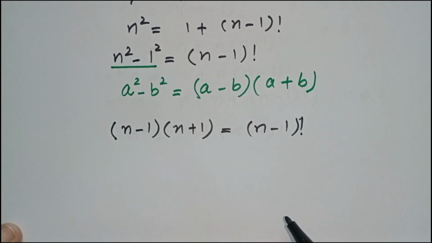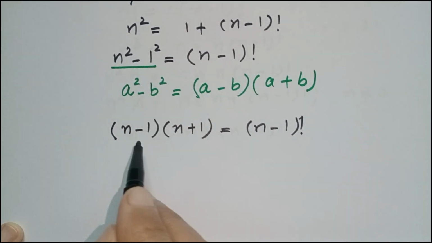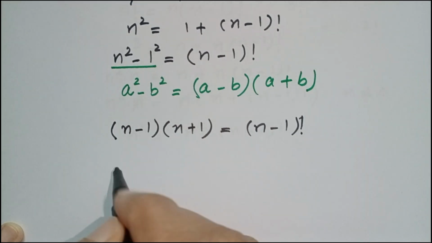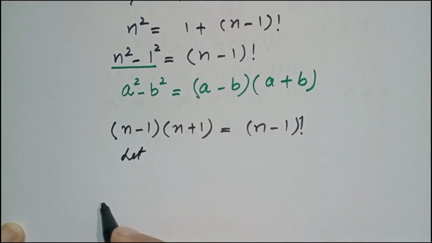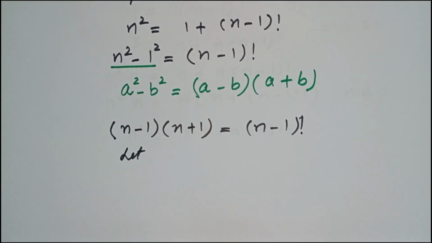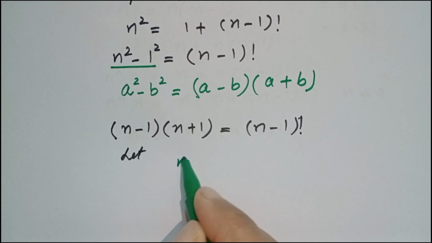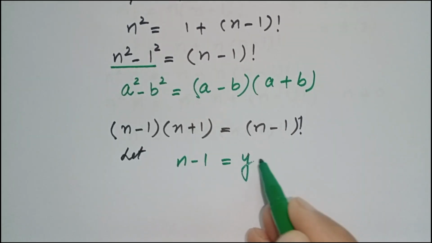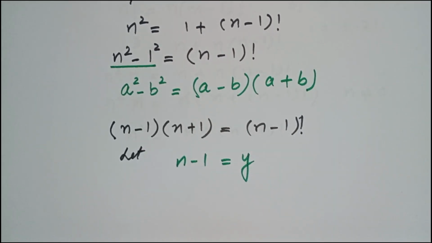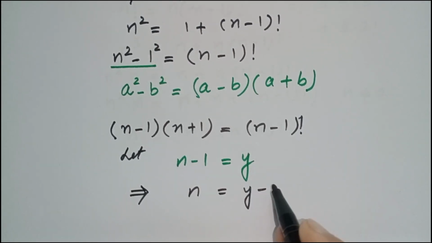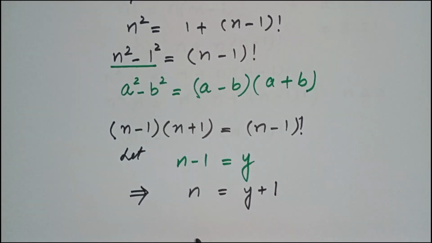So here we have n minus 1 on both sides, on left hand side and right hand side. So we can make our substitution. Let n minus 1 is equal to y. So if n minus 1 is equal to y, it means that if we bring 1 from left hand side to right hand side, we can write y plus 1.